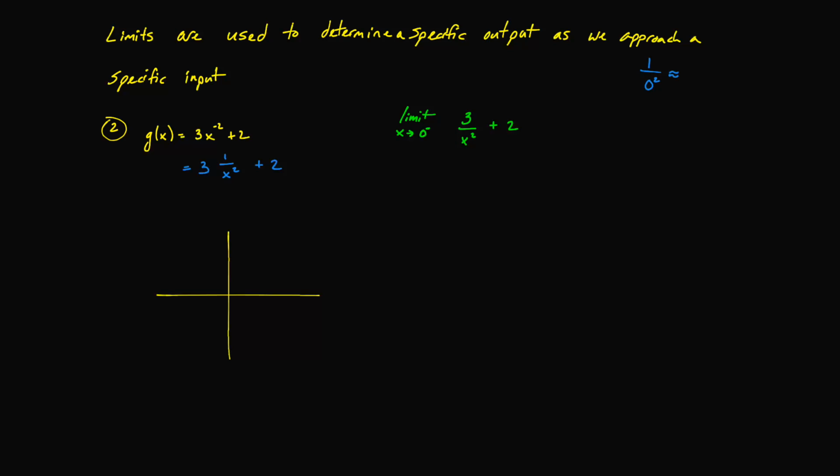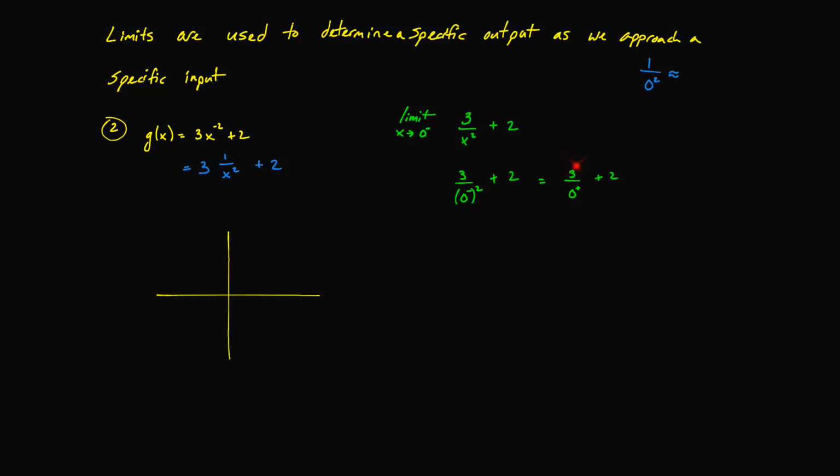And if you actually do this out, so 3 over 0 negative squared plus 2, and I'll do it in parts, this is going to be 3 divided by a very small number, but it's going to be 0 positive now, right? Because it's a negative squared, so we get 0 positive plus 2.